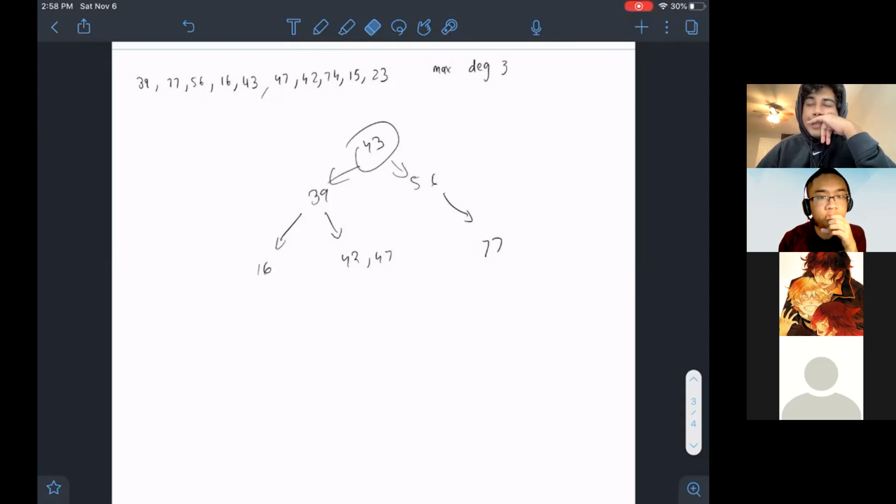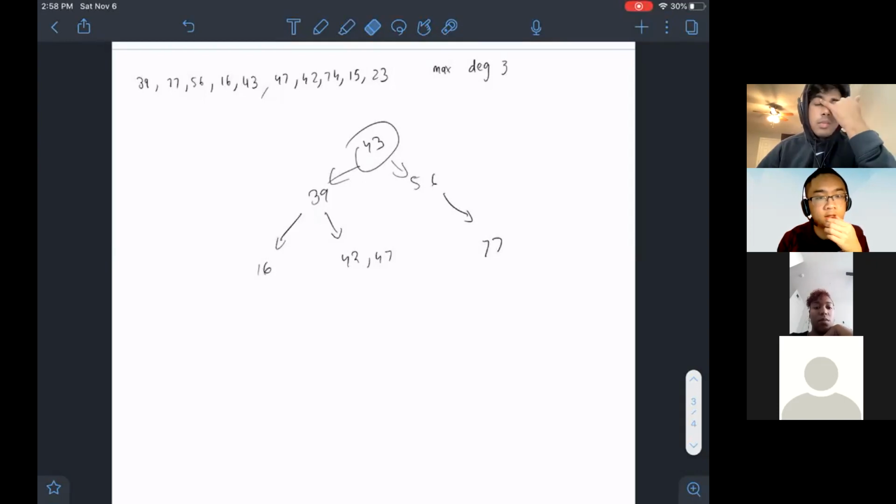Yeah, so he added 45 to the 25, 26, 28, 29 node. Mm-hmm. And so that node got split and 28 was brought upward. And then 28's in the middle of this. And that's right. So 17 gets brought up. Yeah.